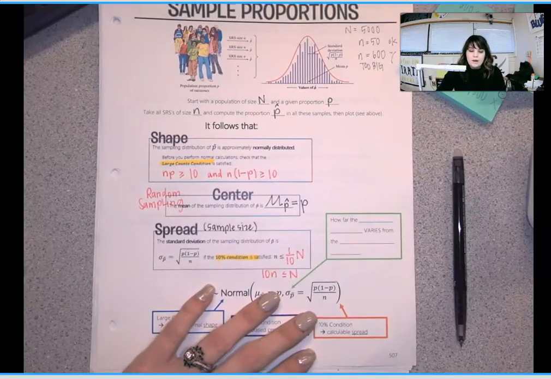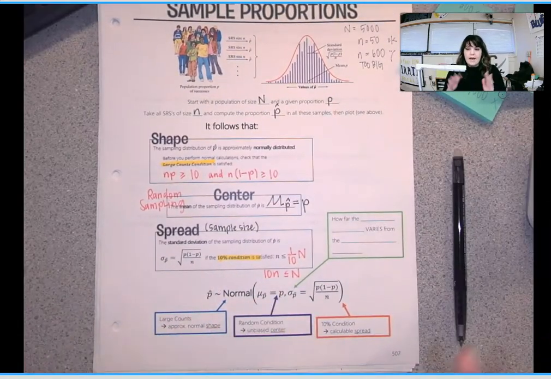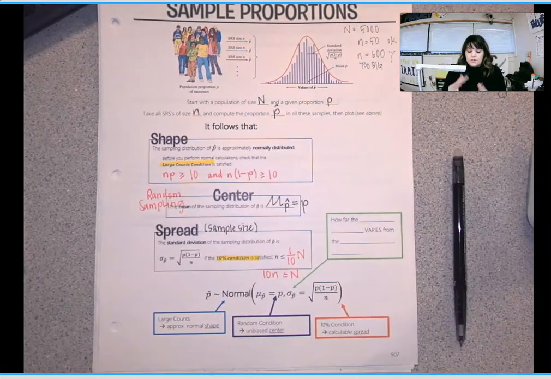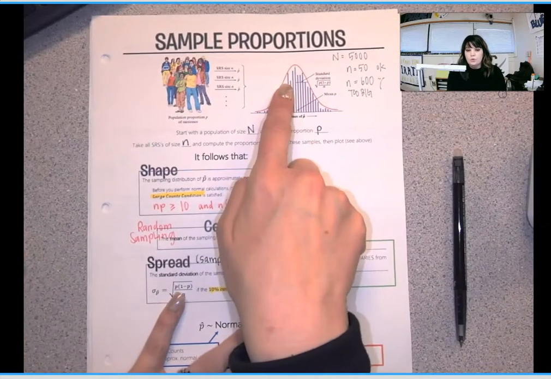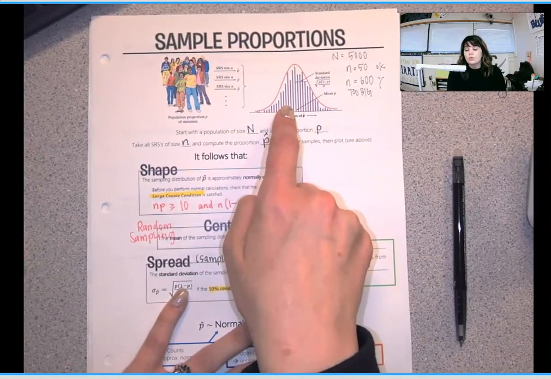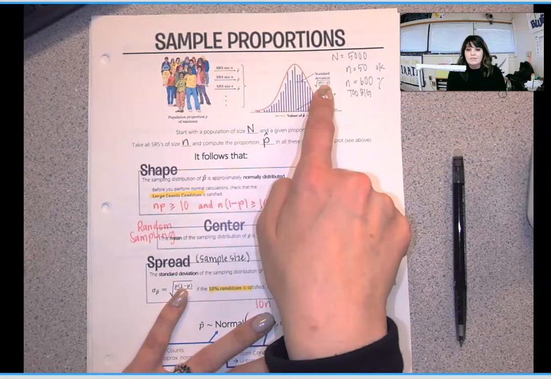I'm going to zoom out now and hopefully recap so that we can actually try a problem. When you take a bunch of samples from a population and graph them, you can get a sampling distribution. That sampling distribution will be normally distributed with a center at the true value of the proportion and a standard deviation that can be calculated.